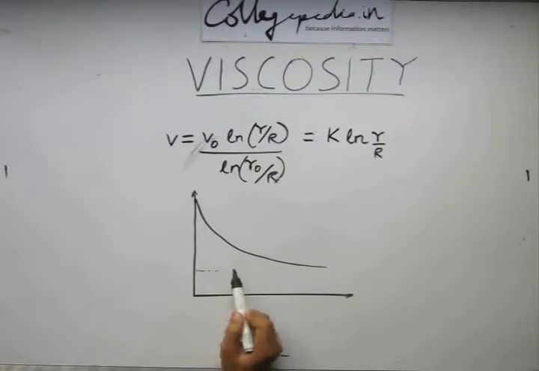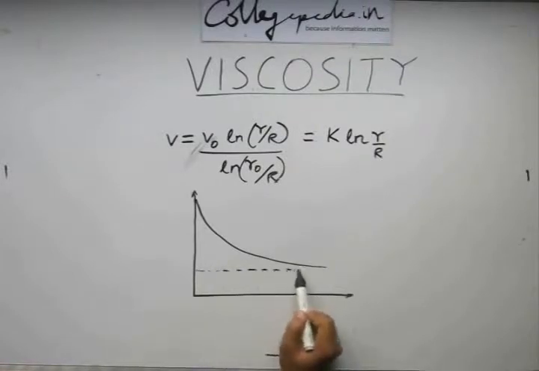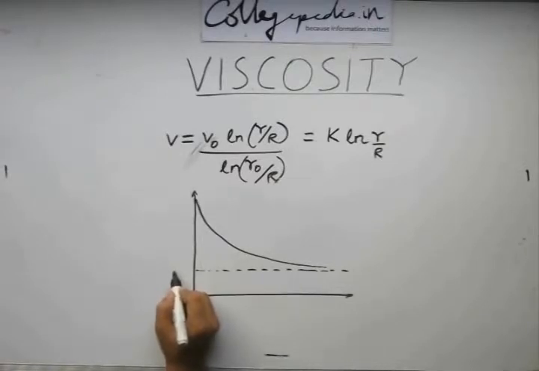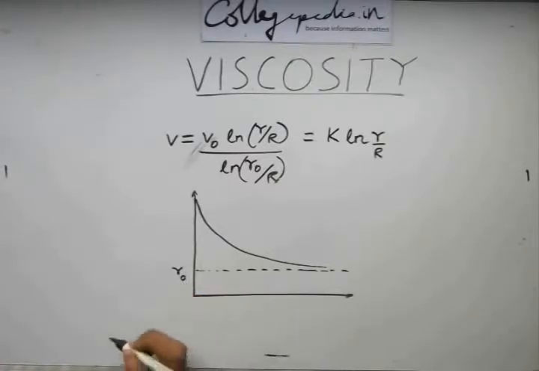This asymptote here is nothing but the y is equal to r naught line, and this here is capital R.